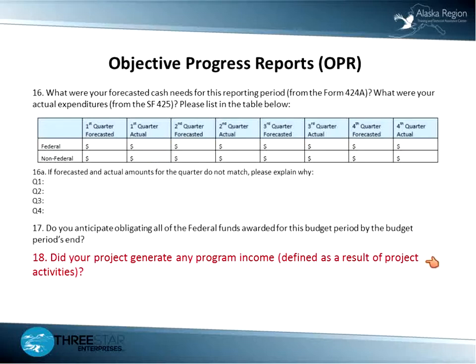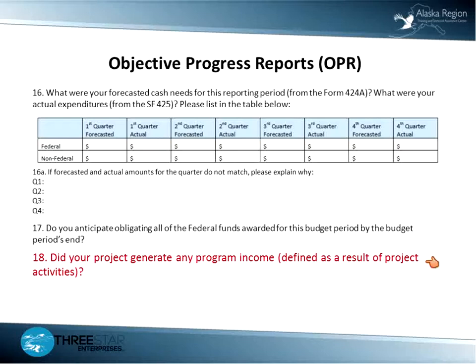But as you're going through that, we get down to question number 18, and question number 18 is going to be a checkbox answer, and if you check yes, you will be given a short answer to fill out after. It specifically asks you in your OPR, did your project generate any program income?